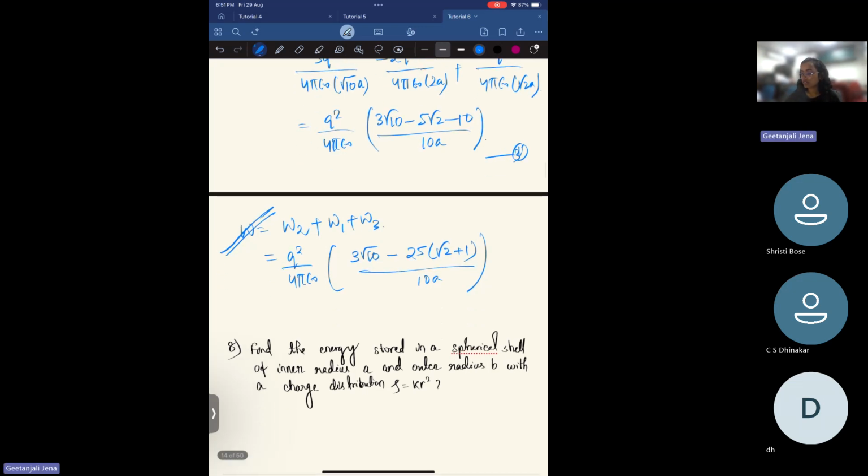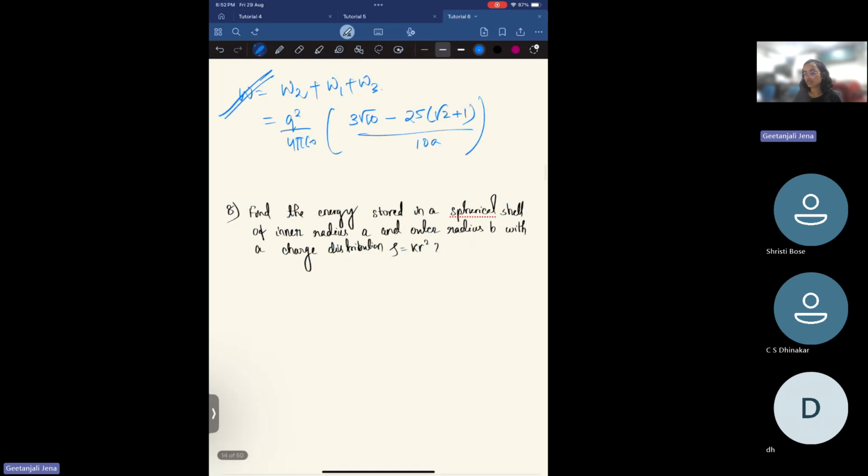So is the problem clear? I will move to our next question. The next question is to find out the electrostatic energy stored in a spherical shell. This shell has inner radius a and outer radius b, and it also has a charge distribution.